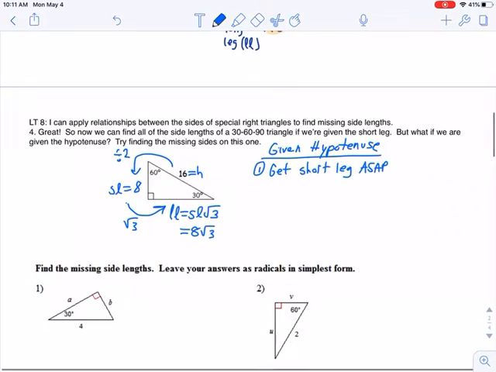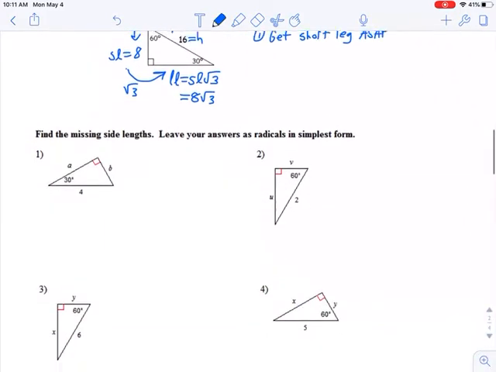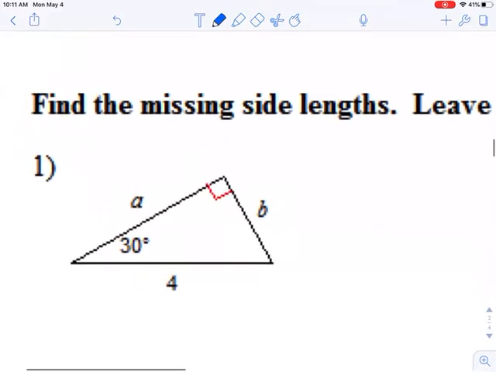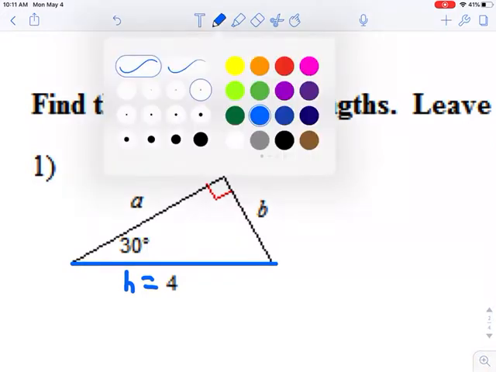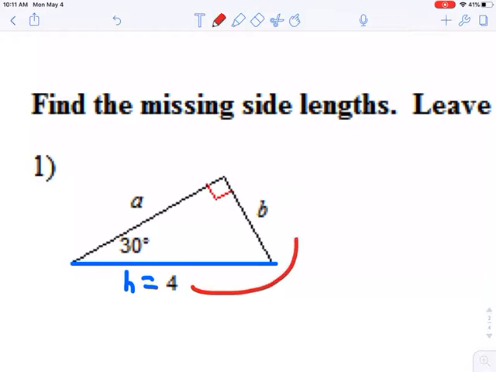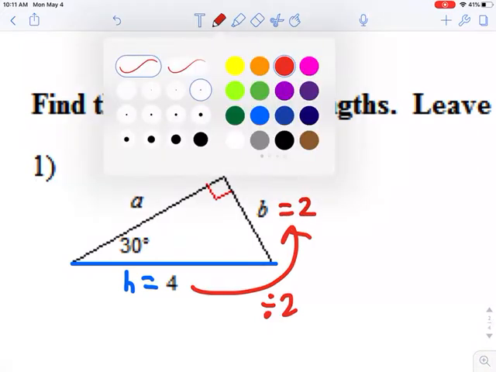So it's basically the same thing we're doing. We can still practice our skills and go from there. So in this one right here, the hypotenuse is 4. I know it's the hypotenuse, it's opposite the right angle. I went short leg first. So instead of multiplying by 2, I'm dividing by 2 because remember, it's an equilateral triangle cut in half.